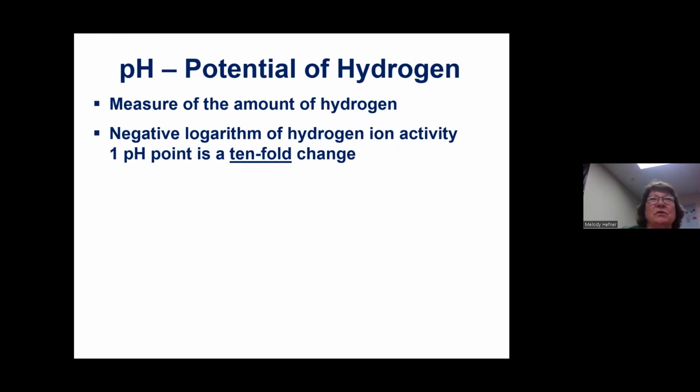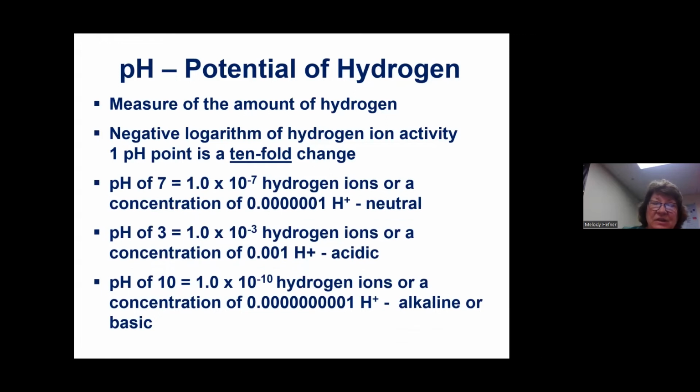So we're going to go through this real slow, and I'm hoping that it'll make sense, because it's just counterintuitive. So if you have a pH of 7, in scientific notation, you are saying that the concentration of hydrogen ions in the substance, in this case your soil, is 1 × 10⁻⁷.